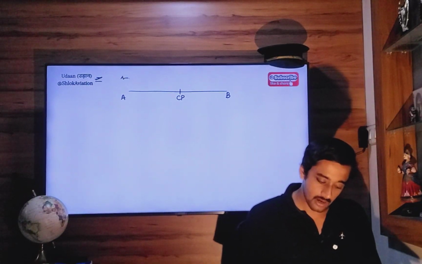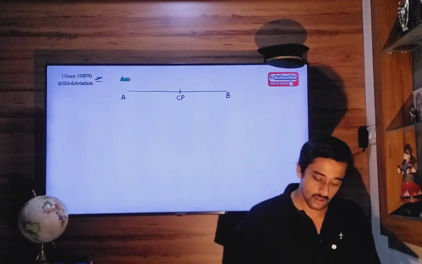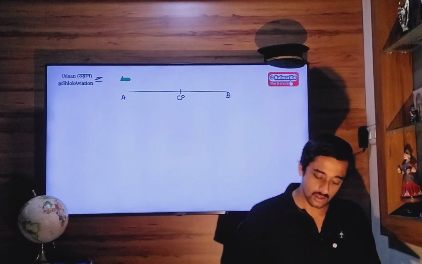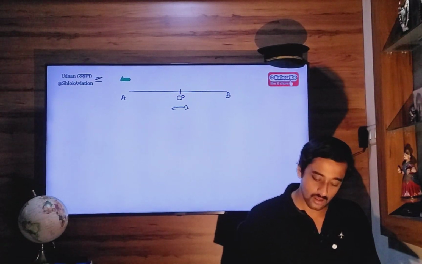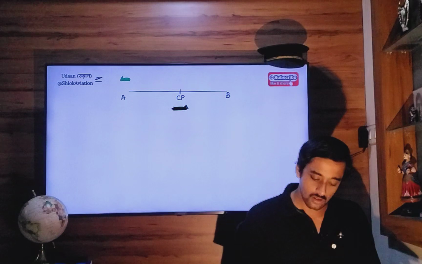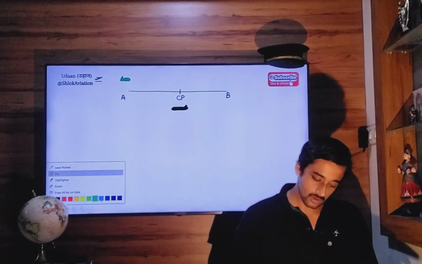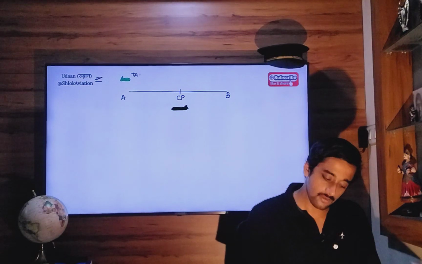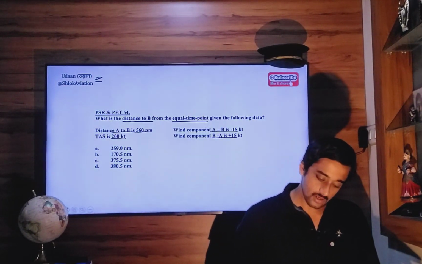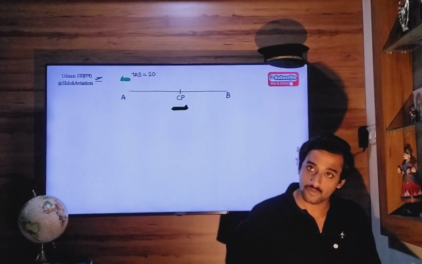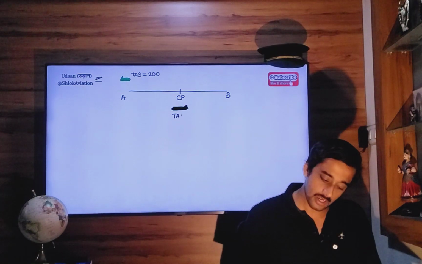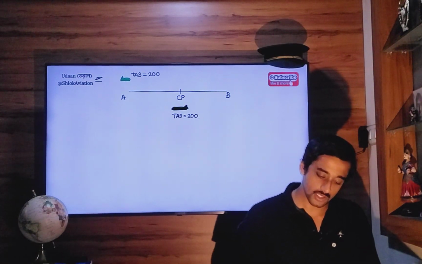Here is your aircraft. Okay. So the true airspeed of your aircraft is 200 knots.